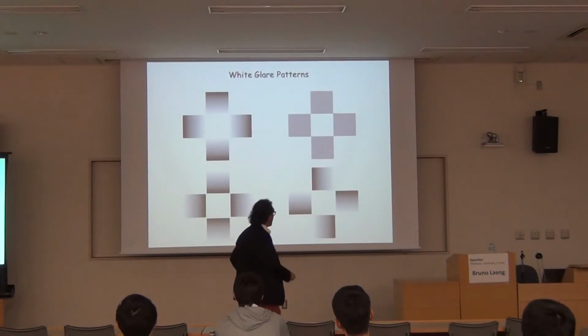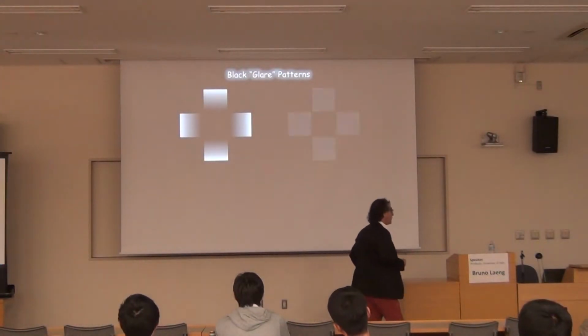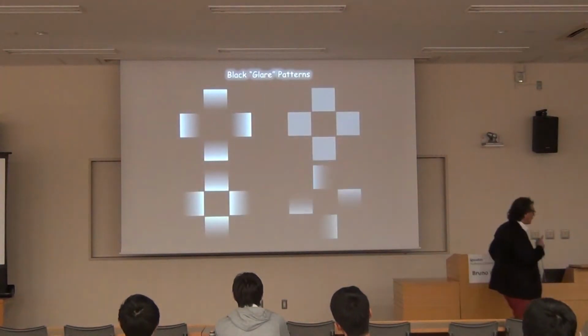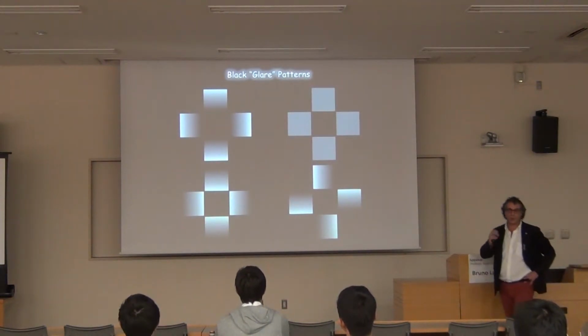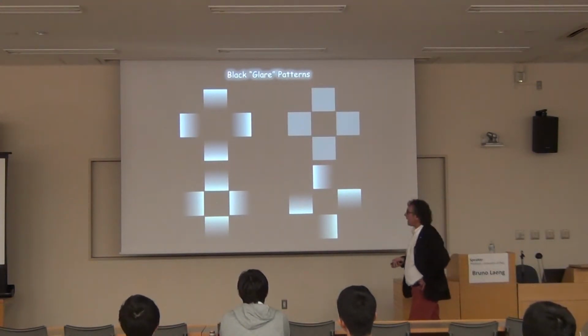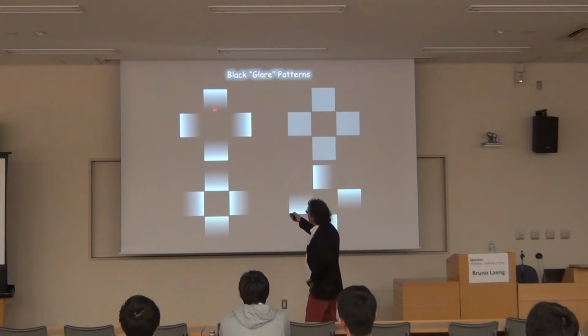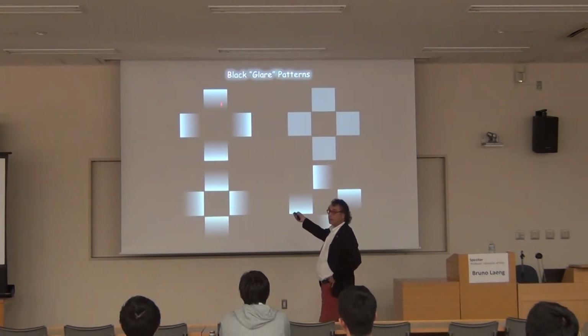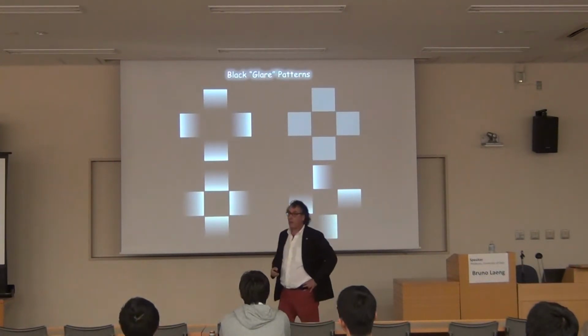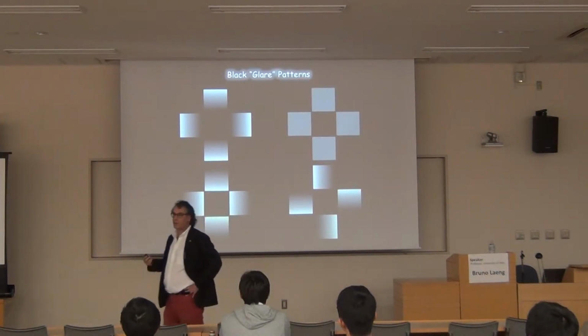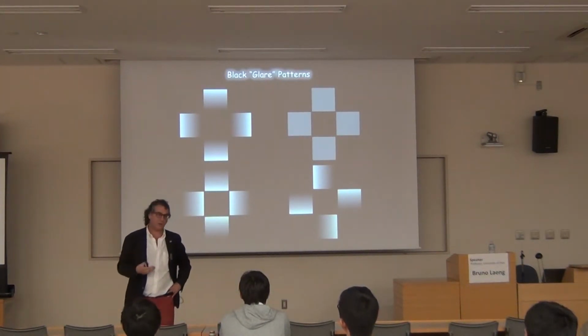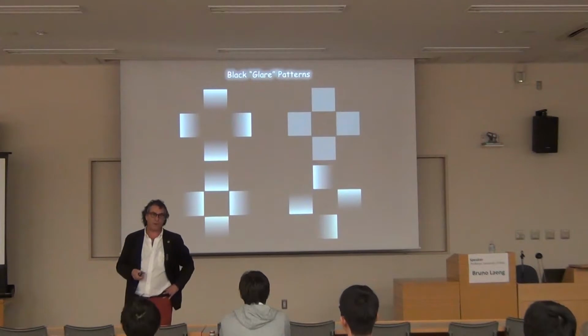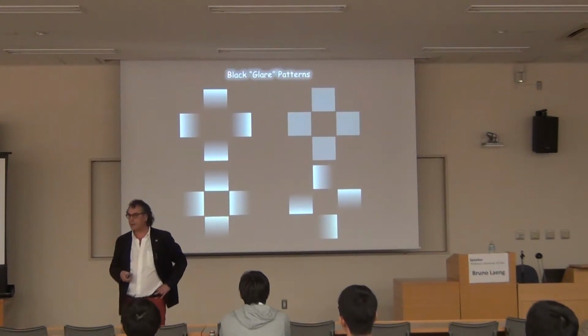So we're showing these elements. We also show a reversal of the illusion, where we just reverse black and white. And surprisingly enough, we get the same effect, this time in darkness. This is puzzling because we don't experience black light in nature. There is no such thing as black light.